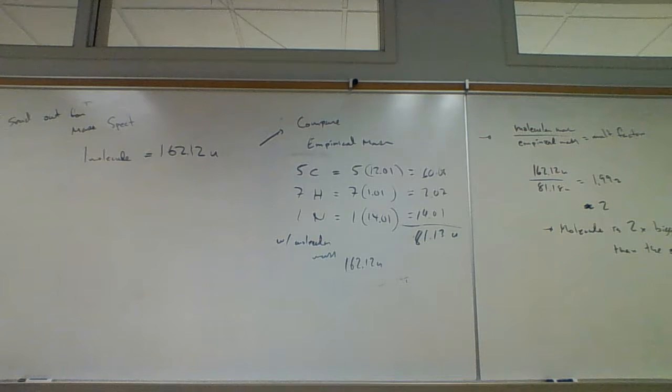So what we're going to have to do is double it. And so our empirical unit again was C5H7N. This is the empirical formula. And then we're going to get the molecular formula, which is going to be 2 times that. And so it's going to be C10H14N2.